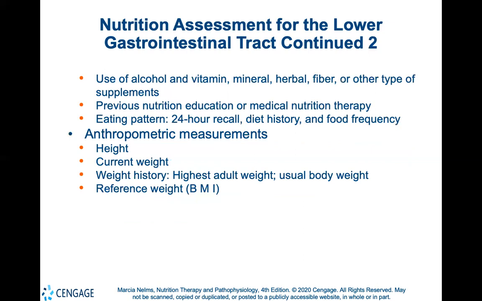Also discontinuing use of alcohol and vitamin, mineral, herbal, fiber, or other types of supplements, previous nutrition education or medical nutrition therapy, eating pattern, 24-hour recall, diet history, and food frequency.